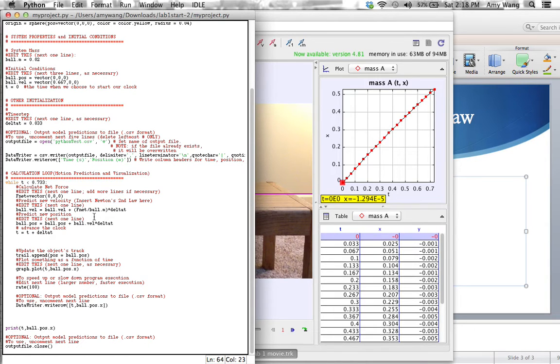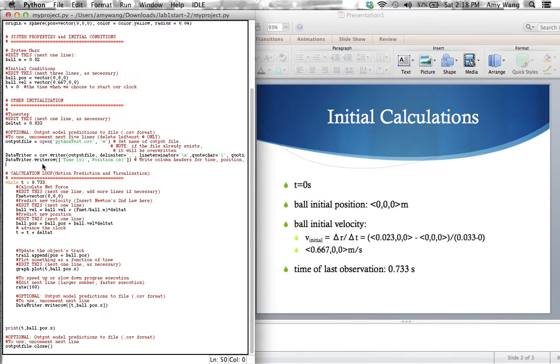To start this code, we will need the initial conditions that we received from our Tracker data. Here we have our initial time, which we chose when to start our clock, which was 0 seconds. From this, we have the initial position that we also got from our Tracker data and the initial velocity, solved using this equation here. So now we go down to our while loop.